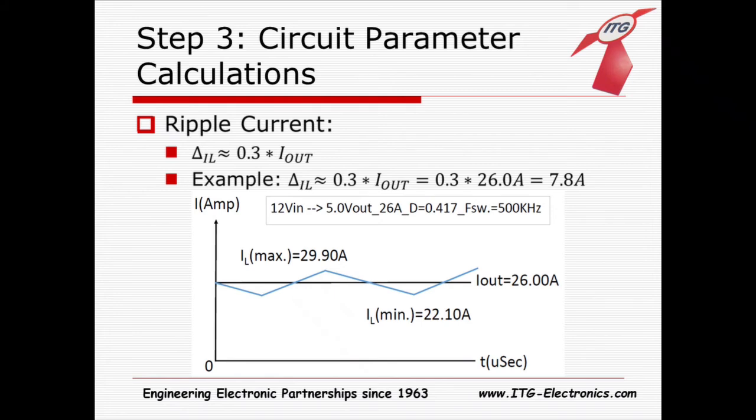Our second calculation is the ripple current. When you're turning on and off the converter, you're going to have a ripple occurring in the current. You can see it down here in this diagram, the blue line being the current, and the black line being our determined current target. You're going to be above that at times and below that at times.